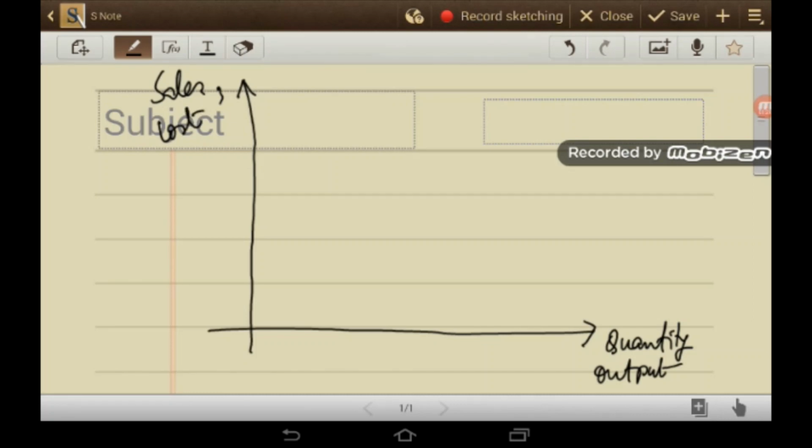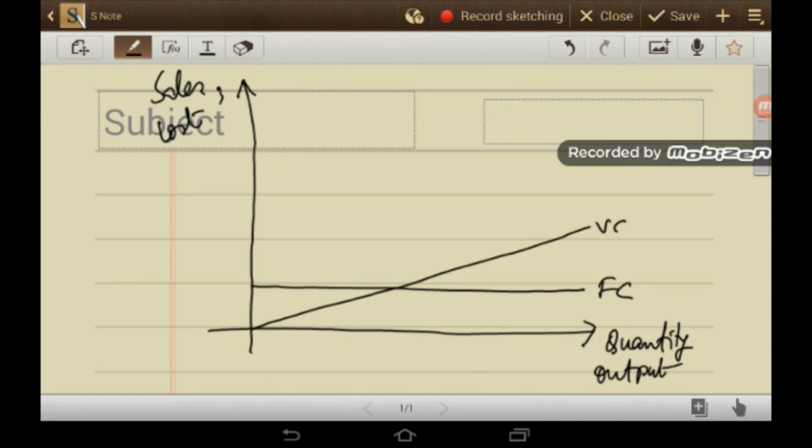Irrespective of the production, we have to incur some cost which is fixed in nature, denoted by FC or fixed cost. Variable cost per unit is constant, but the total variable cost increases with the increase in output.